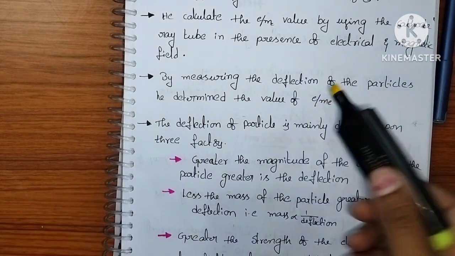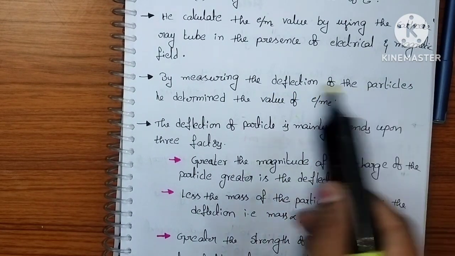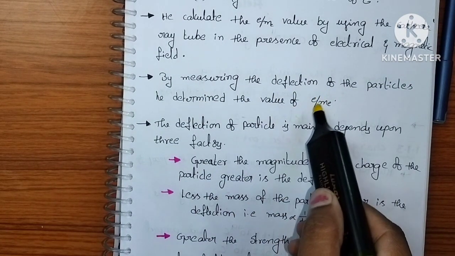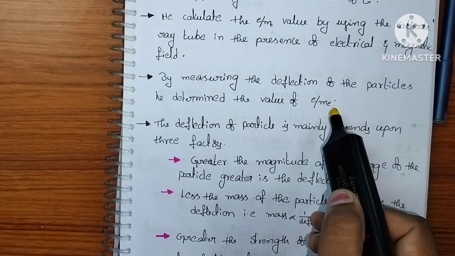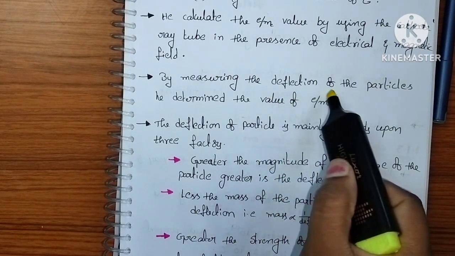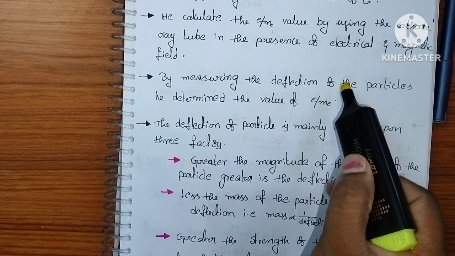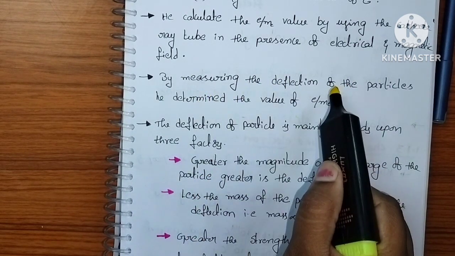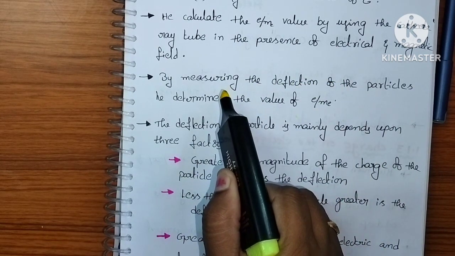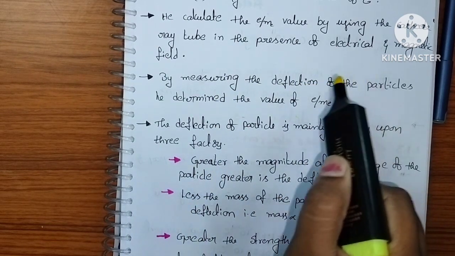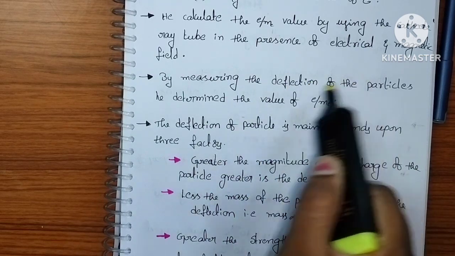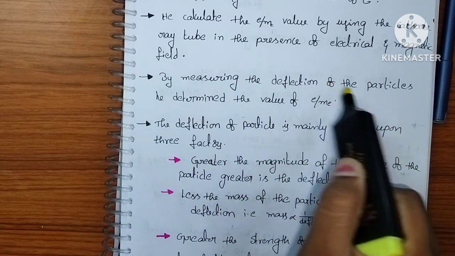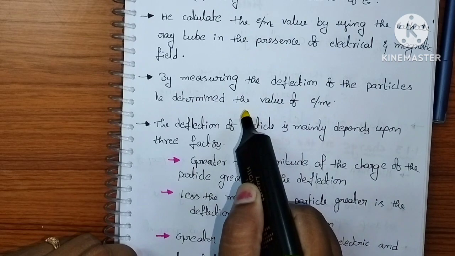By measuring the deflection of the particles, he determined the value of e by m. We already learned that the particles move from cathode to anode.